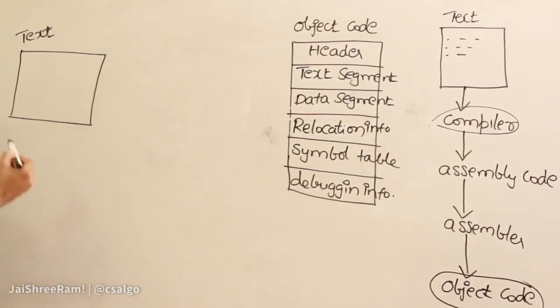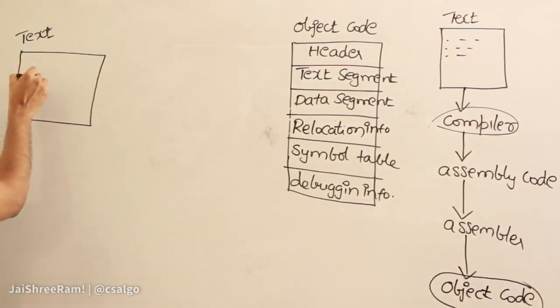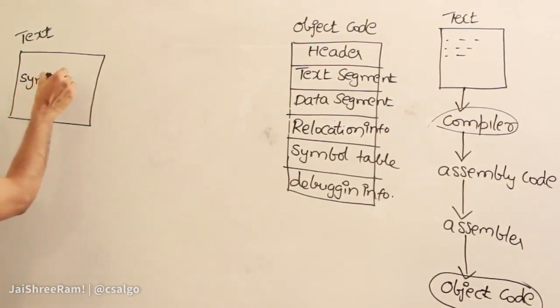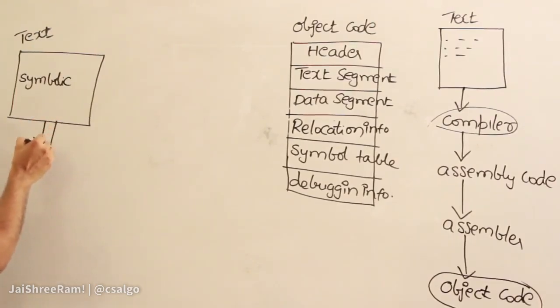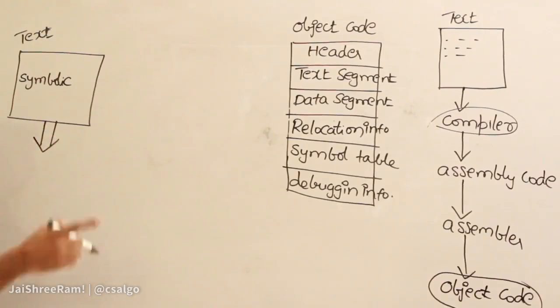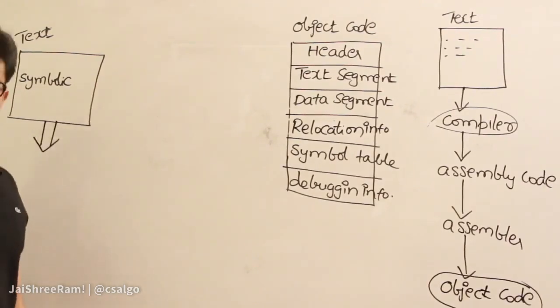For example, we use labels, and some symbolic notations. Now when these symbolic notations are given to the compiler, and the compiler gives it to the assembler as assembly code, and the assembler converts it to this, these symbols have to be replaced with numbers.